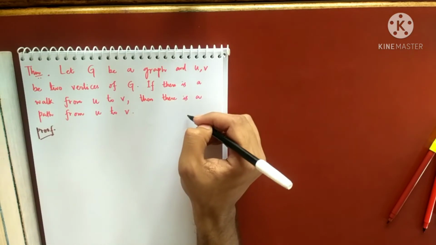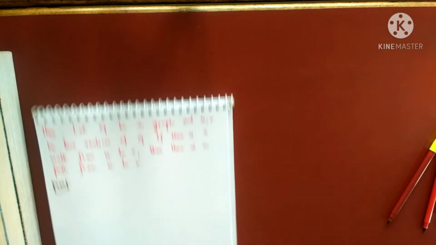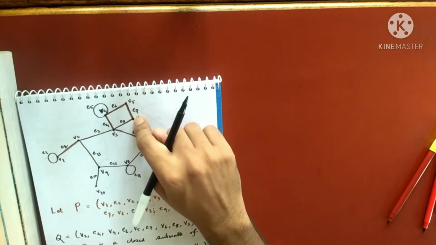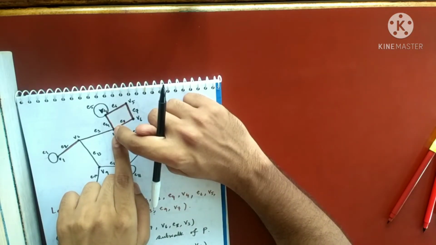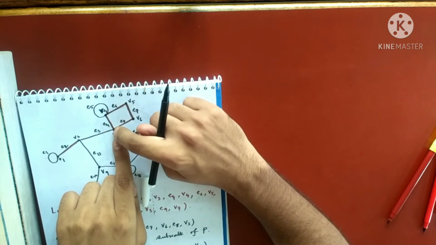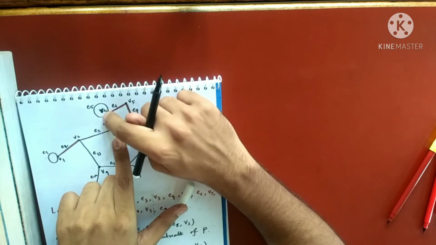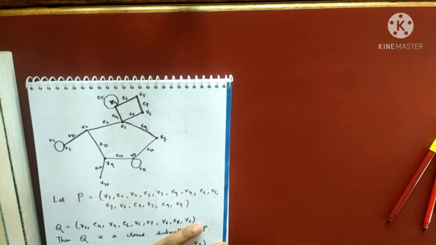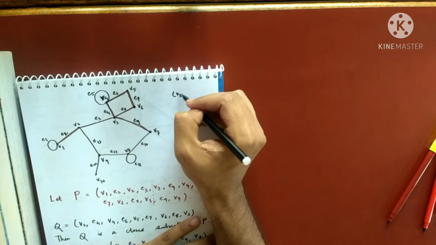Now, suppose there is a closed walk. So we'll do it in cases. Look at this walk. Suppose I have a walk from V3 to V6. This, or this. You can remove this loop. Or what you can do, just writing V3 is enough.